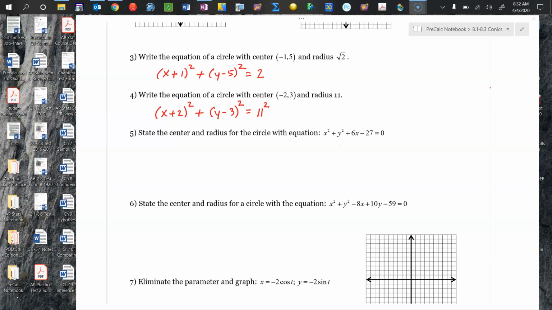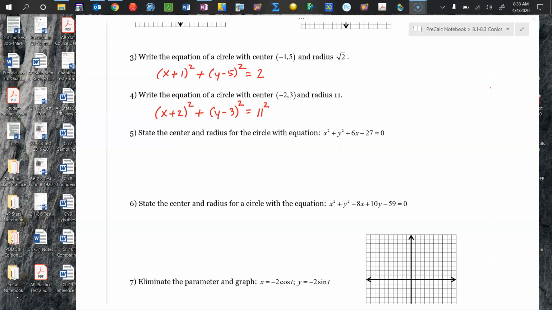As you know, when you have a circle written in standard form, you can easily identify the center and the radius of the circle. But in problems 5 and 6, we have the circles written in what's called general form, and it's not easy to recognize the coordinates of the center or the radius. So we're going to have to put them into standard form. To do that requires completing the square for both the x and the y variables.